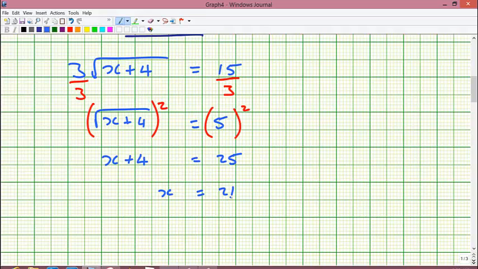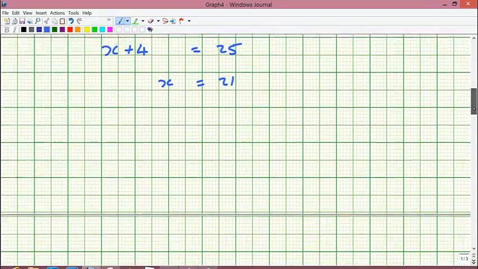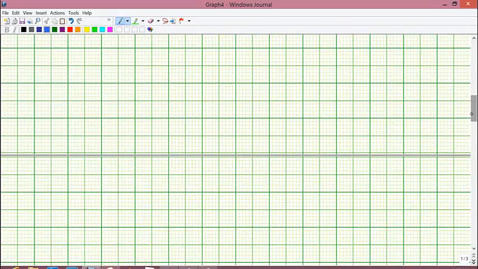Okay, let's do one more complex example. Again, operations both inside and outside the radical symbol.